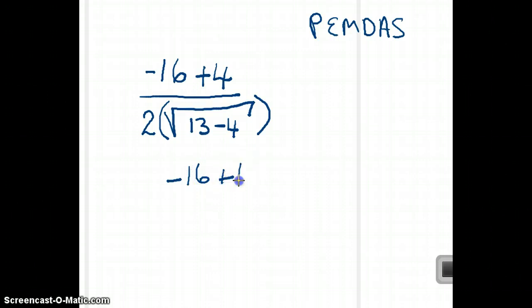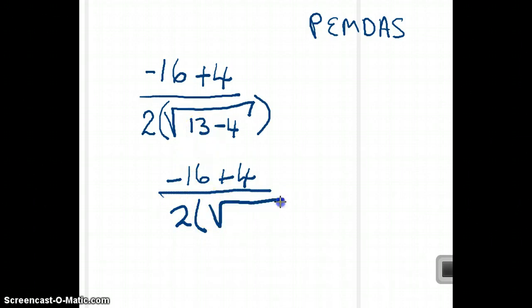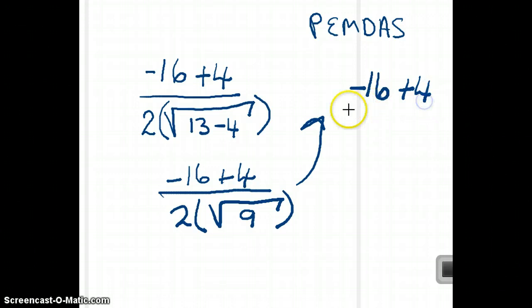Negative 16 plus 4. I rewrite it again. It's okay. 2 parentheses. 13 minus 4 is 9. I rewrite it. I'm going to come up here. I'm running out of room. Negative 16 plus 4. Parentheses. I'm still dealing with that. 2.